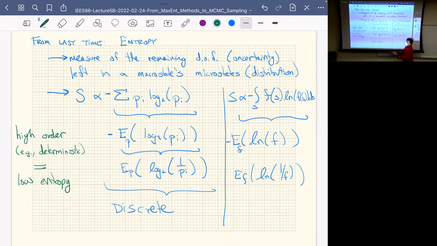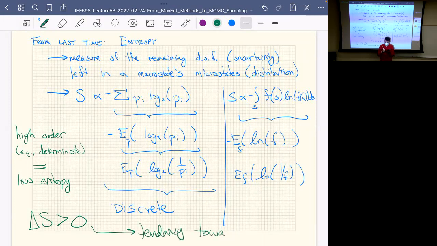So the reason we have an arrow of time is that we are constantly unrolling the high order at the start of the universe. And the universe as a closed system has the property that delta S is greater than 0. So there is a tendency toward higher entropy.